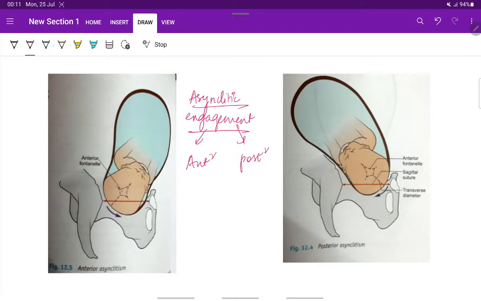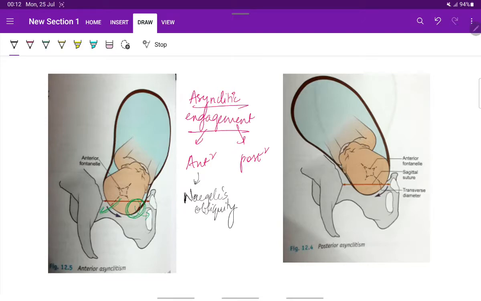In anterior asynclitism, as seen in this picture, the sagittal suture is near the sacral promontory, and this results in anterior parietal presentation. The parietal bones face anteriorly. This is called anterior asynclitism, and it is also called Naegele's obliquity.